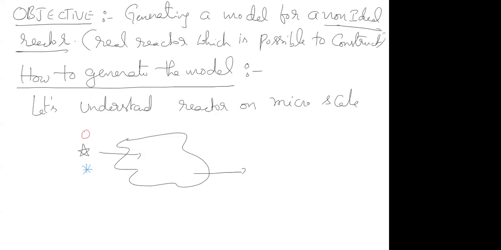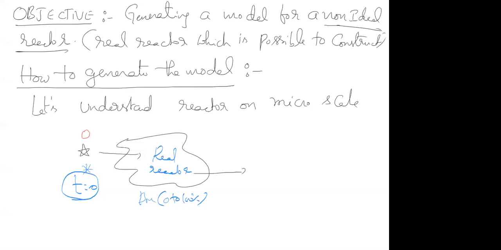Because this is a real reactor, what is the back mixing inside? Back mixing is between 0 and 100%. Suppose there is no back mixing and you leave all 3 particles at time t equal to 0, when will they exit? Will they exit at the same time or different times? Suppose you send all these 3 particles to a PFR, when will they exit? They will exit at the same time.